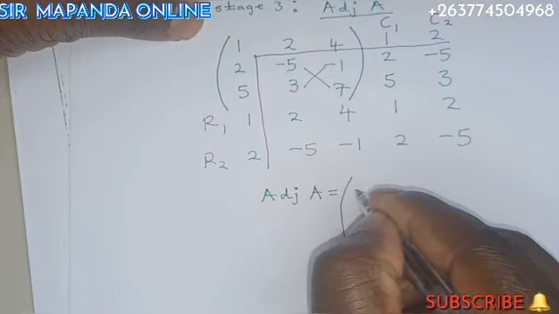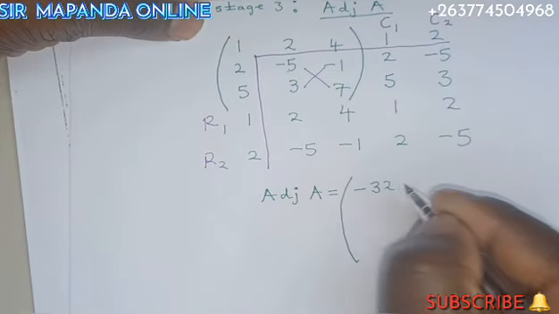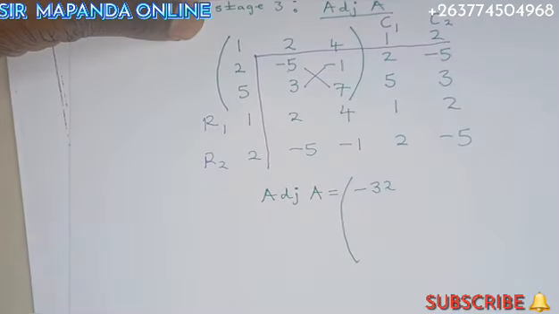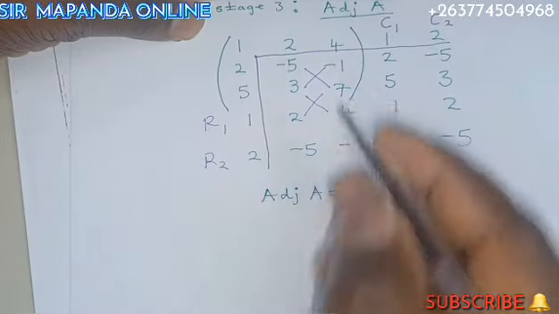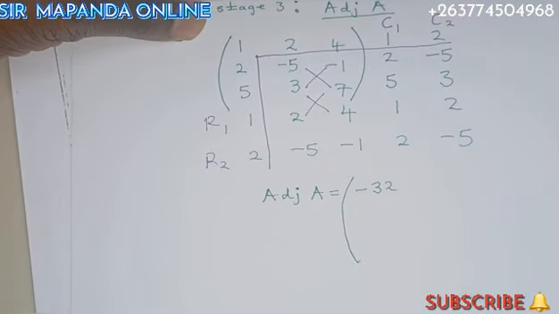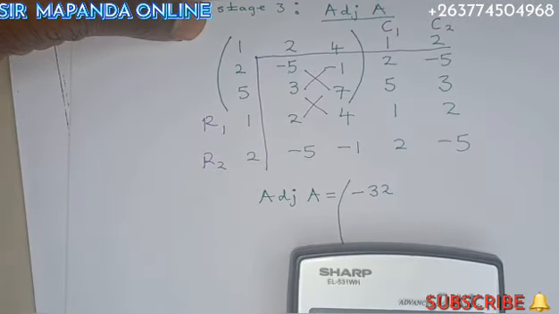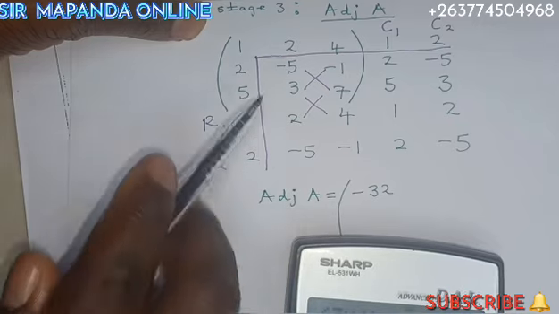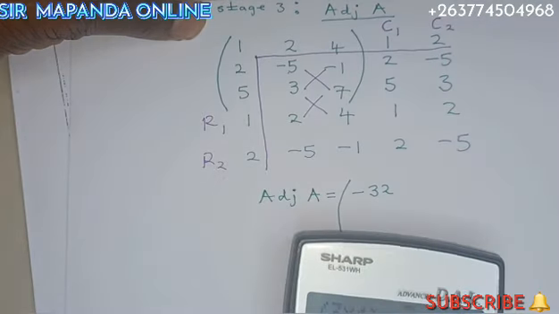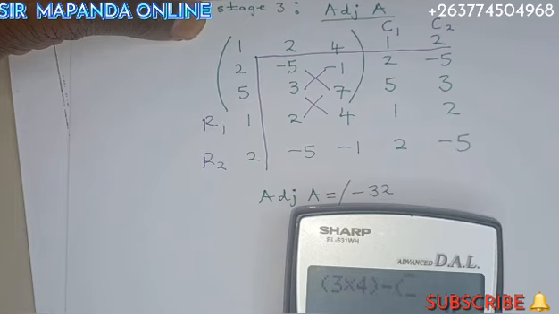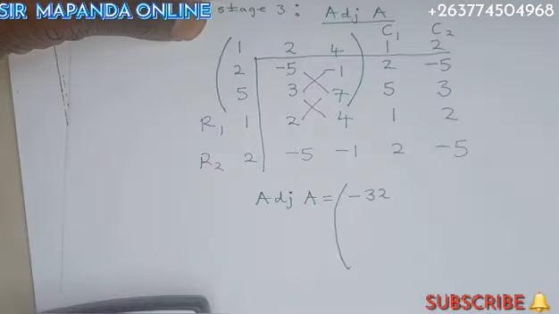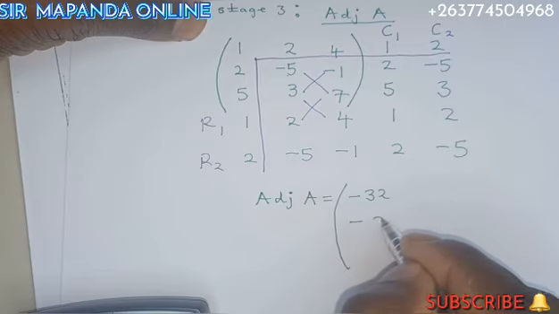So I'm going to put minus 32. Then we move on to the second matrix. The second matrix is 3, 7, 2, and 4. So you are simply saying 3 times 4, the product of the first diagonal, minus 2 times 7. You get minus 2. So we are going to write minus 2 here.